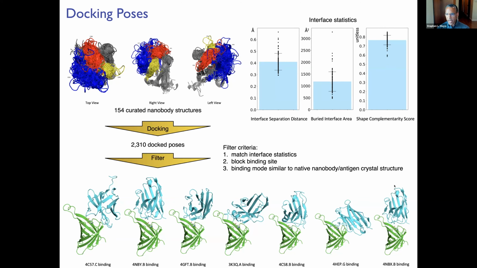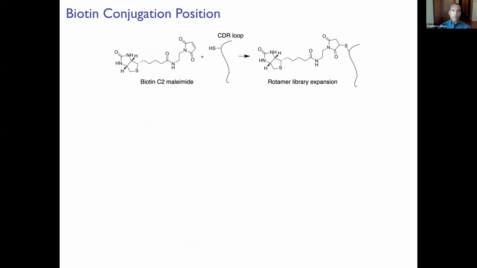From this filtered set, we selected the B chain of protein 4NBX as the design model. And you can see it makes what looks visually like a really nice complex between the 2 components. Okay, so then what do we do to get the biotin in?